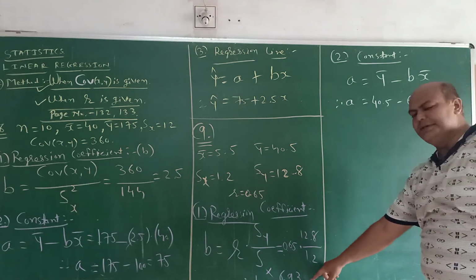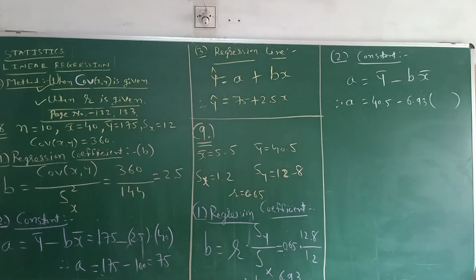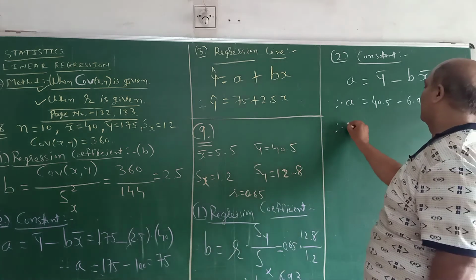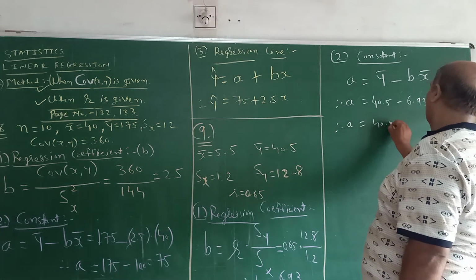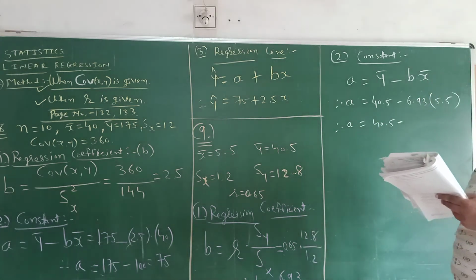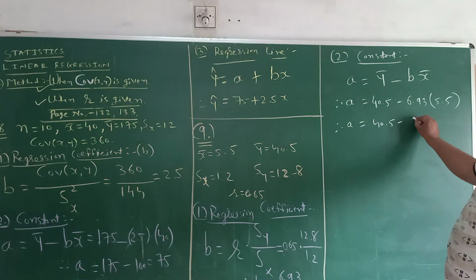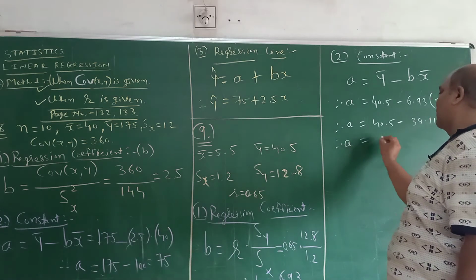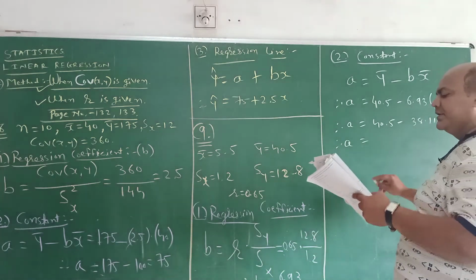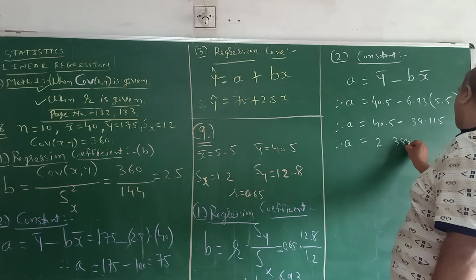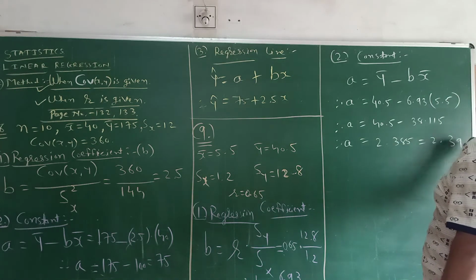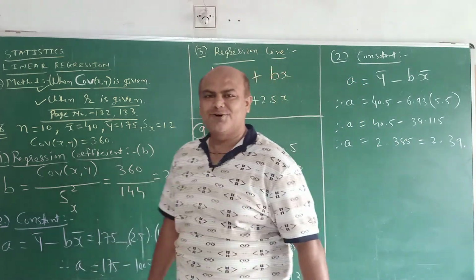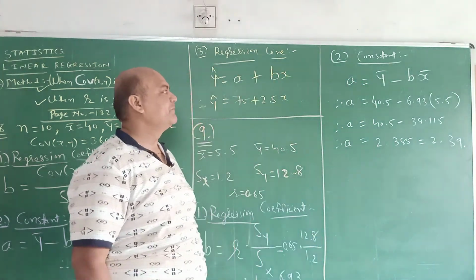Here it comes B, and the value of x bar is 5.5. 14.5 minus 38.115. So the final answer of A is 2.385, that is 2.39. Second step is also ready, constant, that is A.